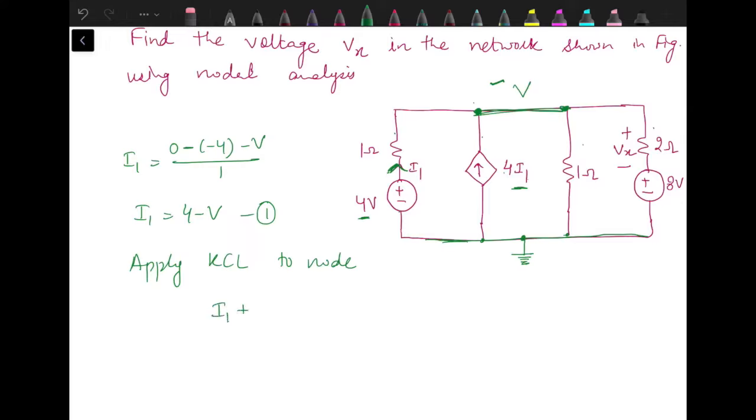So I1 plus 4I1. We don't know the direction of current in these two branches, so let's mark them as outgoing. It should be equal to V upon 1, that is the current in this branch, plus the current through this 2 ohm resistance, V minus 8 by 2.